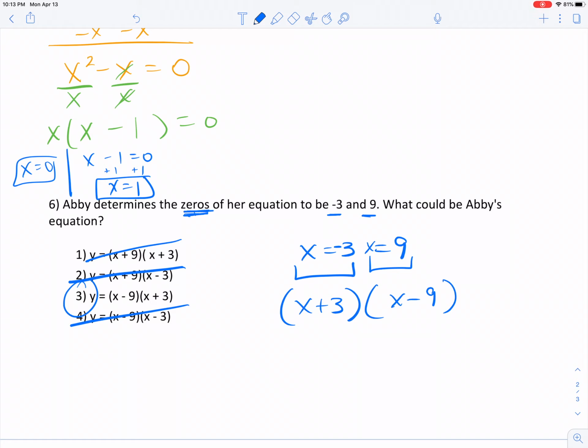So the zeros, or the solutions, are always going to be the opposite of the numbers in the factors. So if you have a negative 3 as a solution, you're going to have a factor that has a positive 3. If you have a positive 9 as a solution, you need a factor that has a negative 9. It has an opposite relationship, the zeros or the solutions with the numbers in the factors.